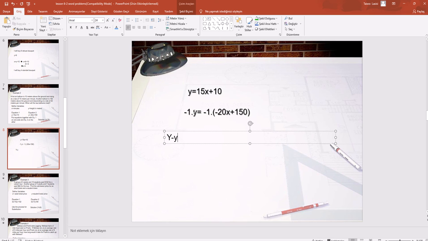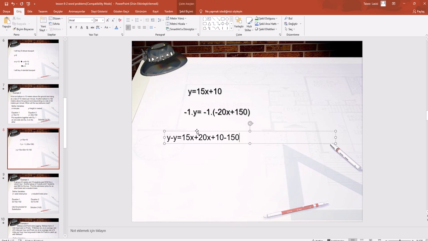This is y minus y. Our method equals 15x plus 20x, and plus 10, minus 100. Is it okay?